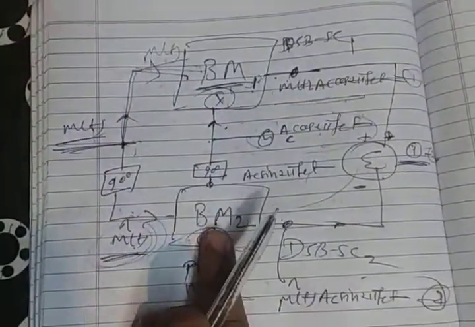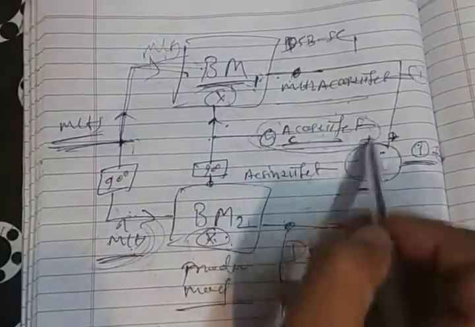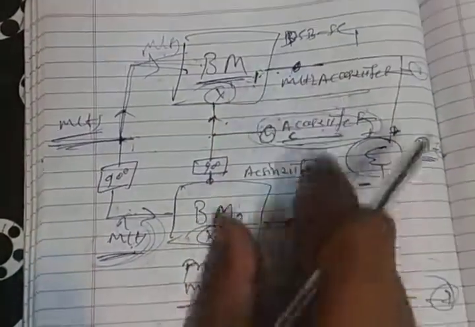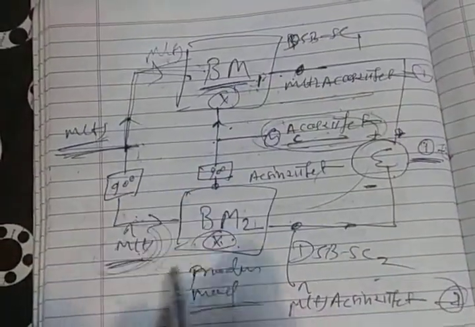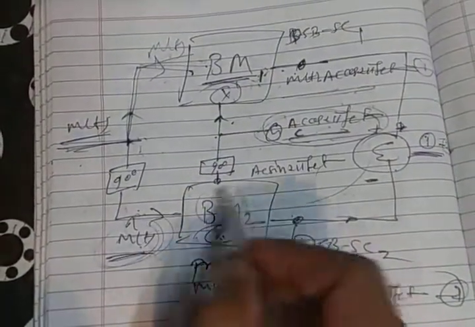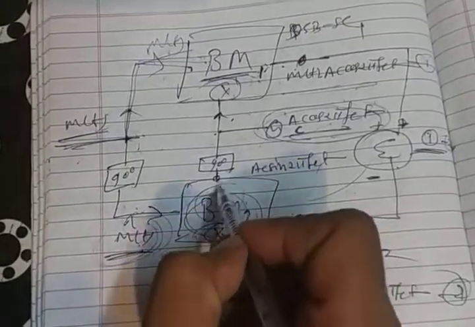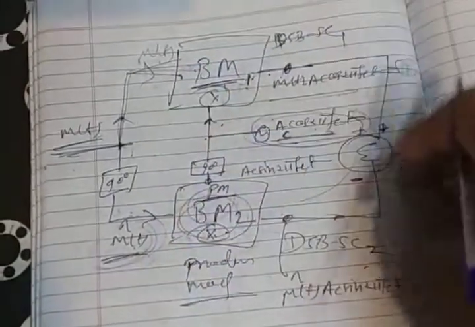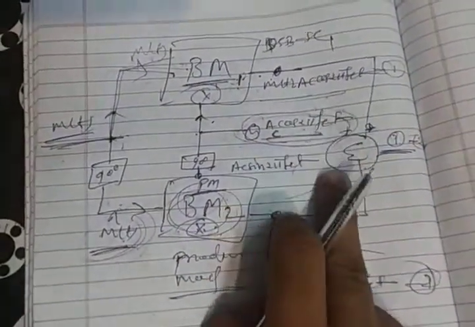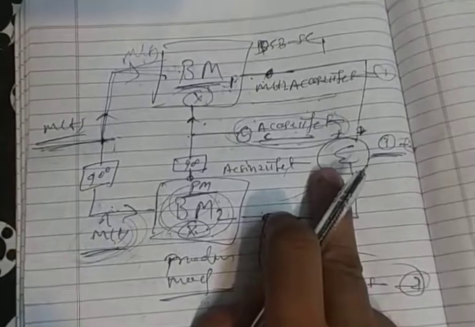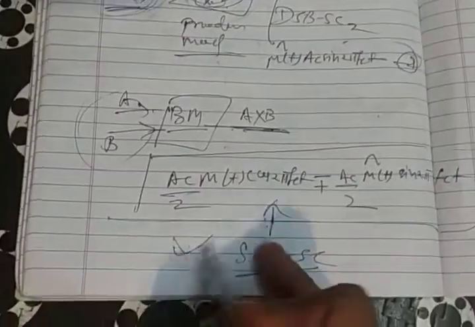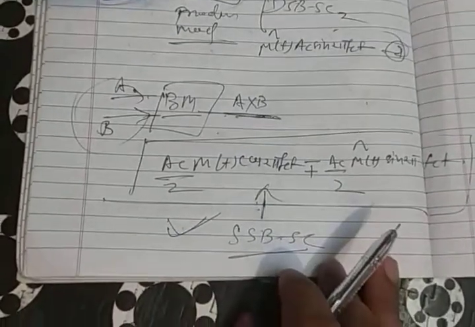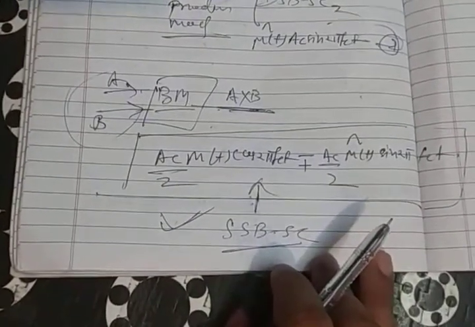Both balance modulators are connected with the local oscillator, and the carrier and m of t are multiplied by using the balance modulator. Another name for the balance modulator is the product modulator. The output of the product modulators is connected with the summer. So equation 1 and equation 2 are combined, and then you get the SSB-SC signal. Thank you for watching this video.